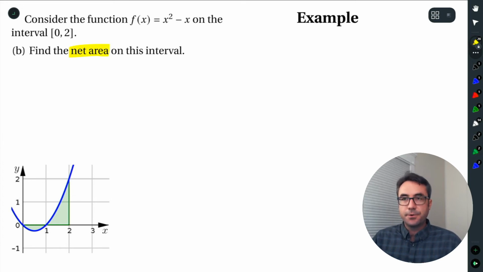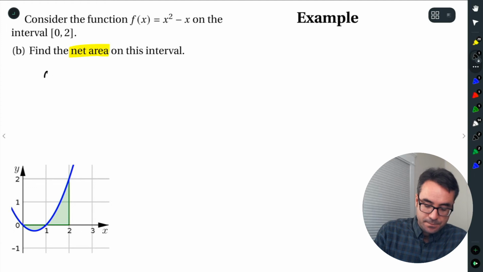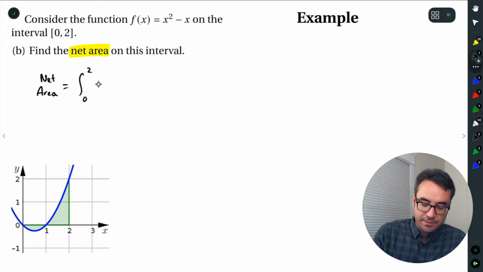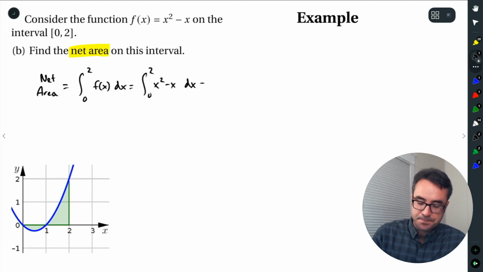So let's go through it. We're going to calculate the net area for the same function, same interval. The net area is just our regular definite integral, so it's the integral from 0 to 2 of x squared minus x.